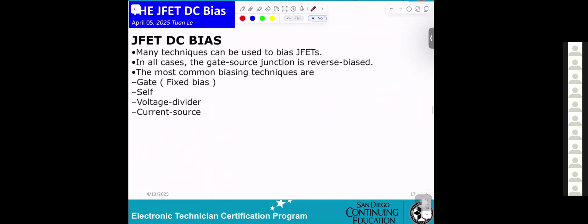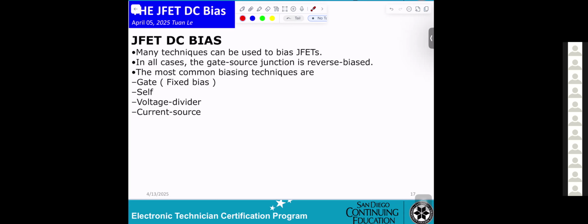Now, DC bias. Basically, you have to know that every transistor, NPN, PNP, or JFET, needs a DC power supply to make it work. That has to do with what they call DC bias.